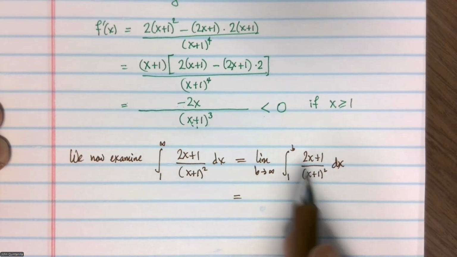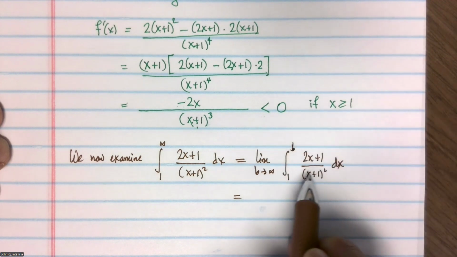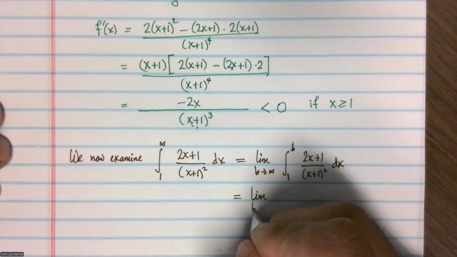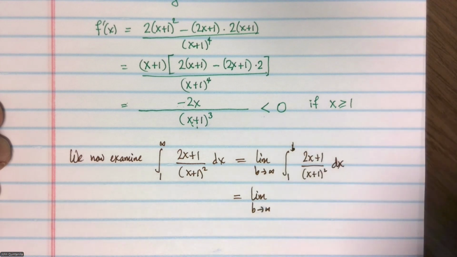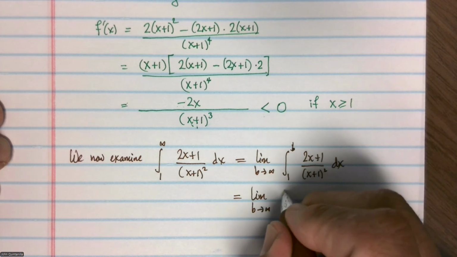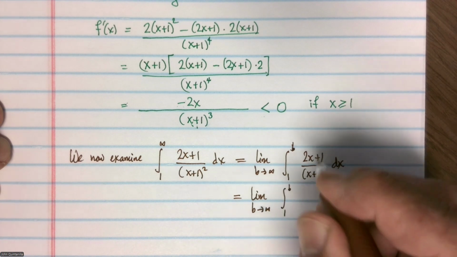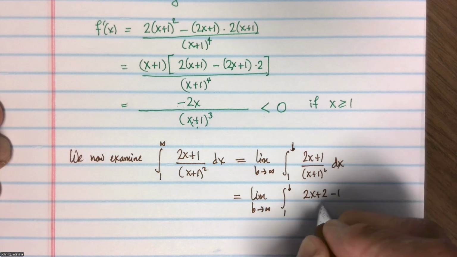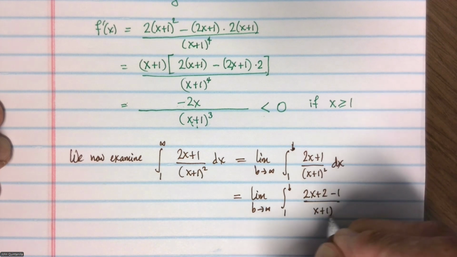Okay, I can apply partial fractions to this to be able to do the integral. However, in this case, it's a little bit easier. Rather than doing the usual way of finding partial fractions, this one is actually pretty straightforward to write out. This is equal to 2x plus 2 minus 1 over x plus 1 squared dx.